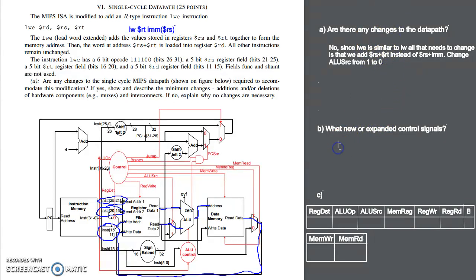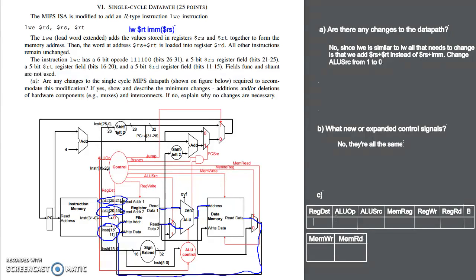So, did we add or expand any new control signals? No. The control signals aren't the same, but we didn't add or change or expand any of them by making them larger.